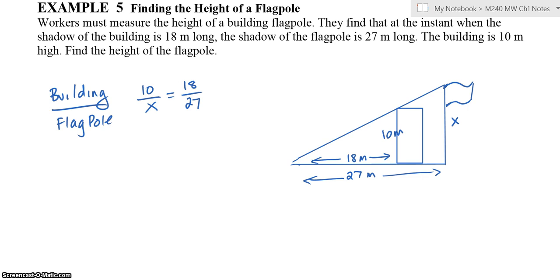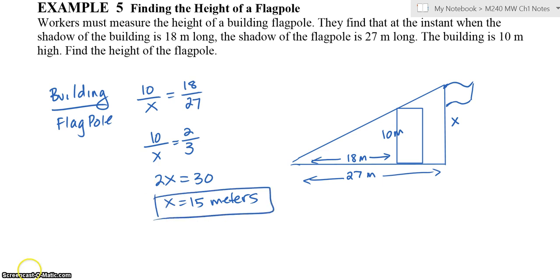So let's go ahead, and I guess we could reduce this. 9 goes into both of those, so 9 goes into 18 2/3. So then I can then cross multiply these, and it's equal to the 30. So it looks like the flagpole is 15 meters.